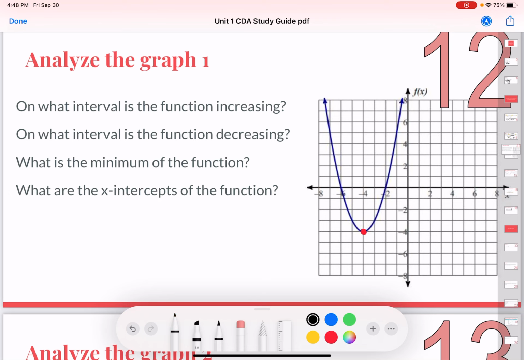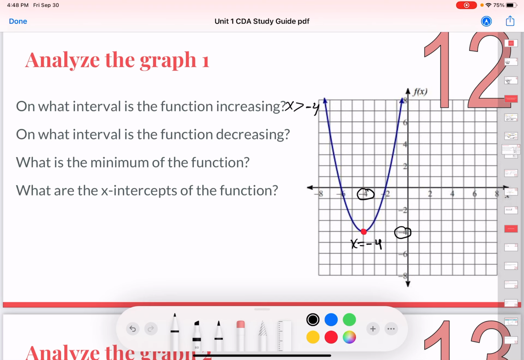So where is it increasing? After that point. So this is x equals -4. Right here, this is the x part. It's also y equals -4, but I'm looking at the x. So x equals -4. After that point, it will be increasing, and so my answer is going to be x greater than -4.